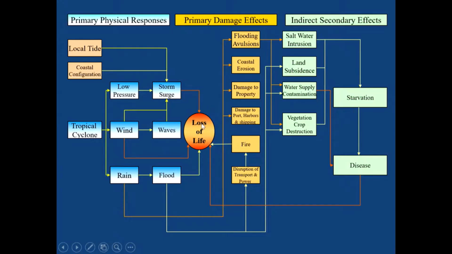Then torrential rain will create flooding. Flood also will take away lives. So loss of life is the main thing you experience during a cyclone and tsunami also.